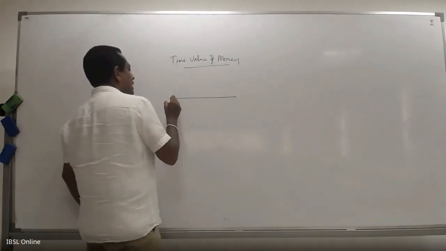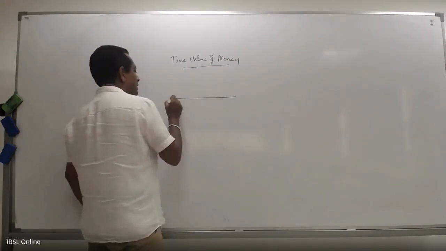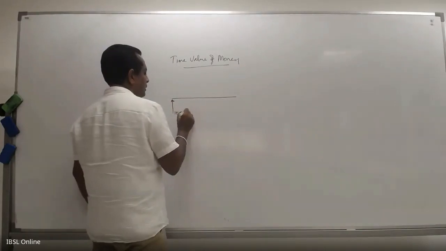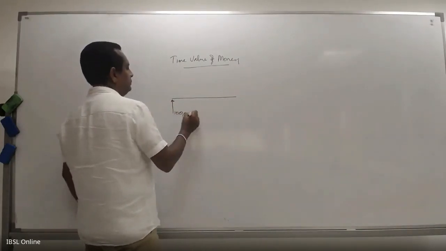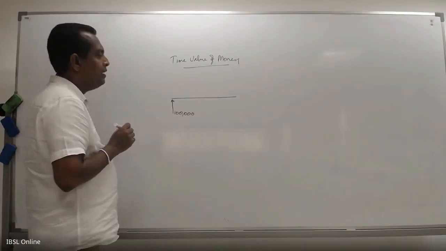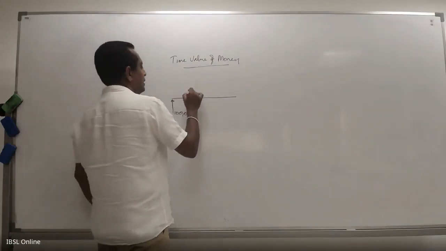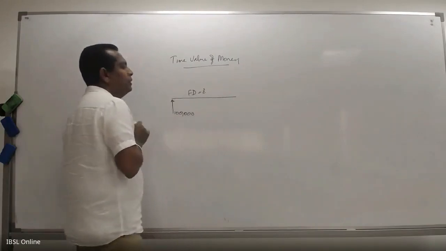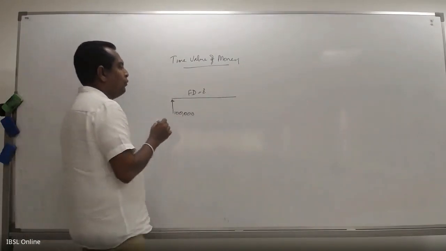Look at this. You have a 100,000 investment. Right? You invest in a FD with the interest of I for 1 year.